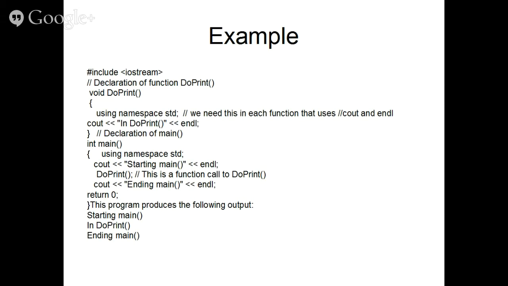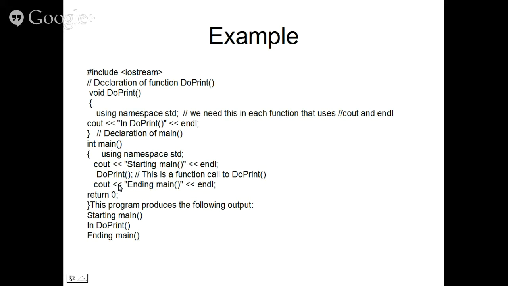This indicates that it will now jump to doprint from this point onwards. So it will display starting main. Since main is the entry point, the compiler will enter main and display starting main on the screen. Doprint is encountered, it jumps to doprint, displays in doprint, encounters a closing block, comes back to main at this point, and resumes execution from the next line, which is ending main.